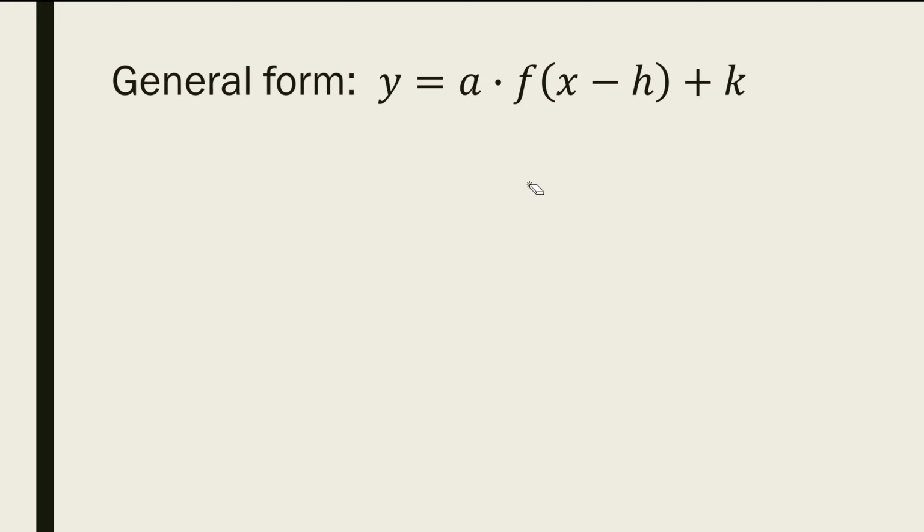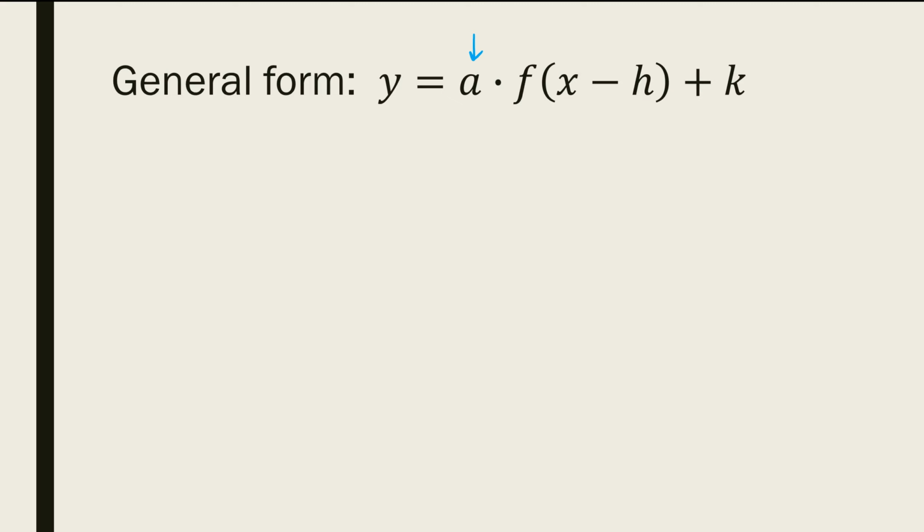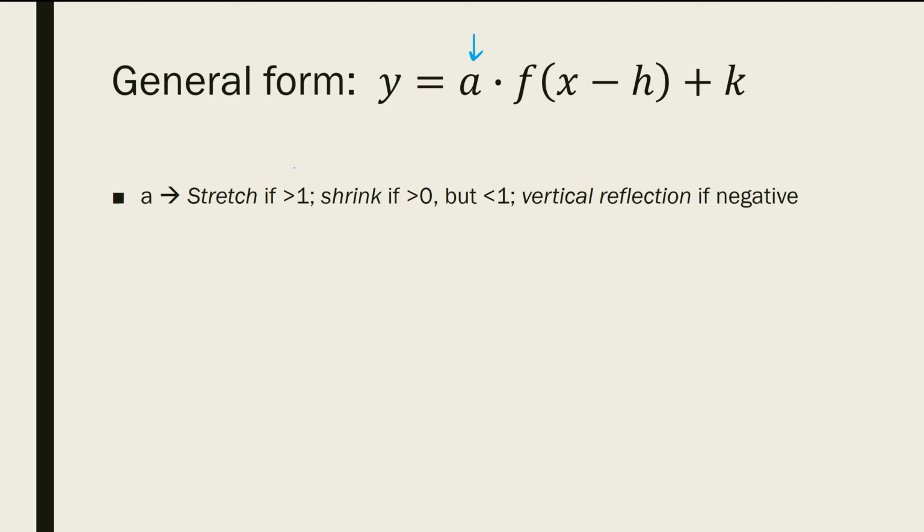And then here's what happens with the letters. We just talked about the a, the thing that's multiplying the function. So on this slide, I have something multiplying the function in each case, multiplying that absolute value. The a, what we just talked about is, if I'm multiplying by something bigger than 1, it's a stretch. If I'm multiplying by a fraction bigger than 0 but less than 1, like in the last example it was 1/2, that's a shrink.